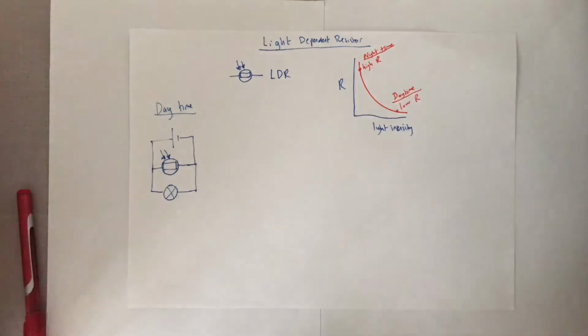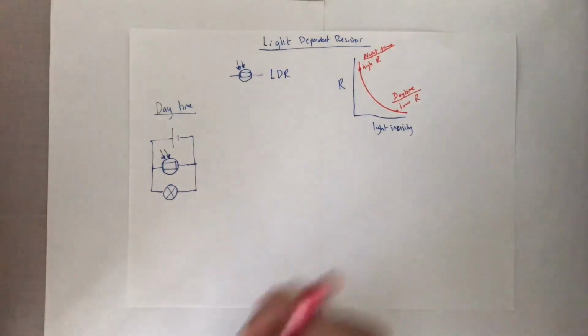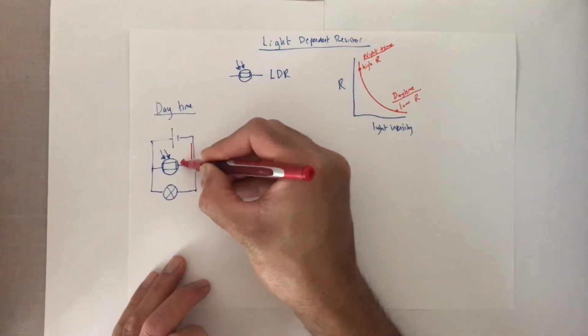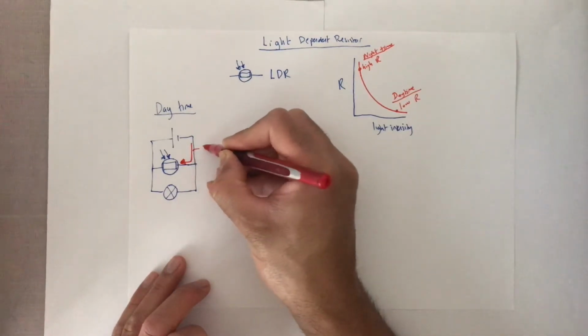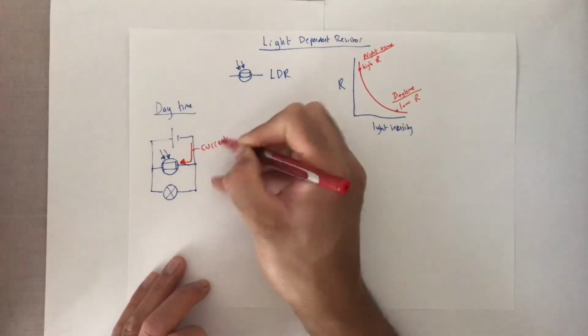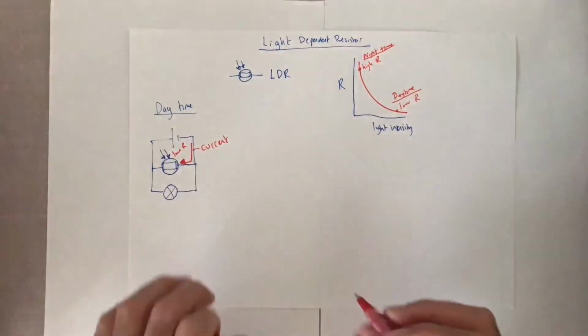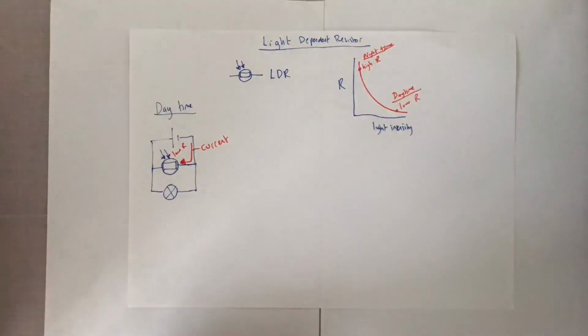All the current takes the path of least resistance, so all the current will go down here. This is the direction of the current because there's low resistance. It's not going to go through there because this has got a higher resistance than that, so that won't actually turn on.